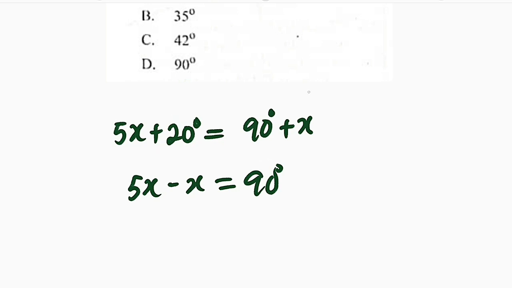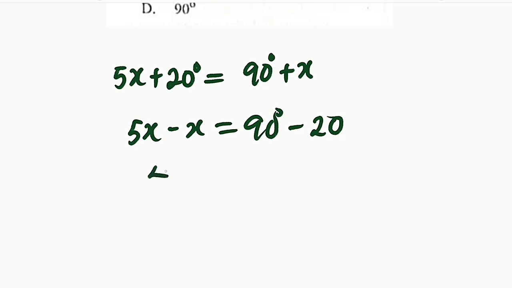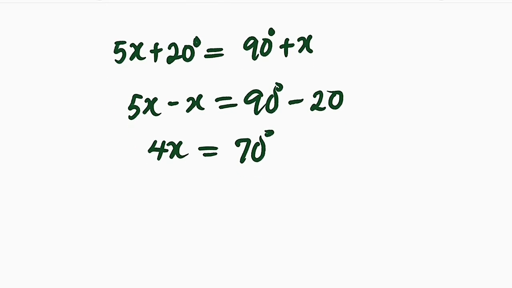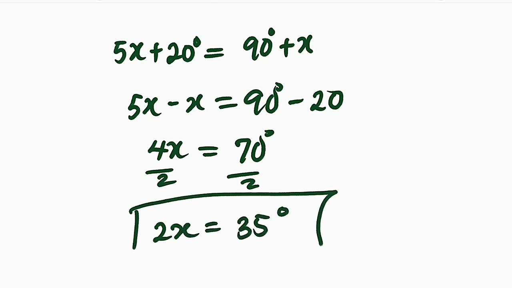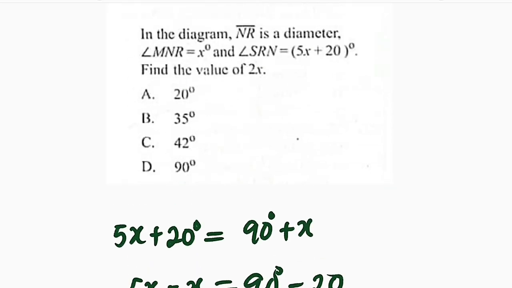If this crosses over, it becomes negative as well. So 5x minus x is 4x, and this is equal to 70 degrees. Remember, we are looking for 2x, not x, so we can divide both sides by 2. Therefore, 2x is equal to 35 degrees, which is option B.